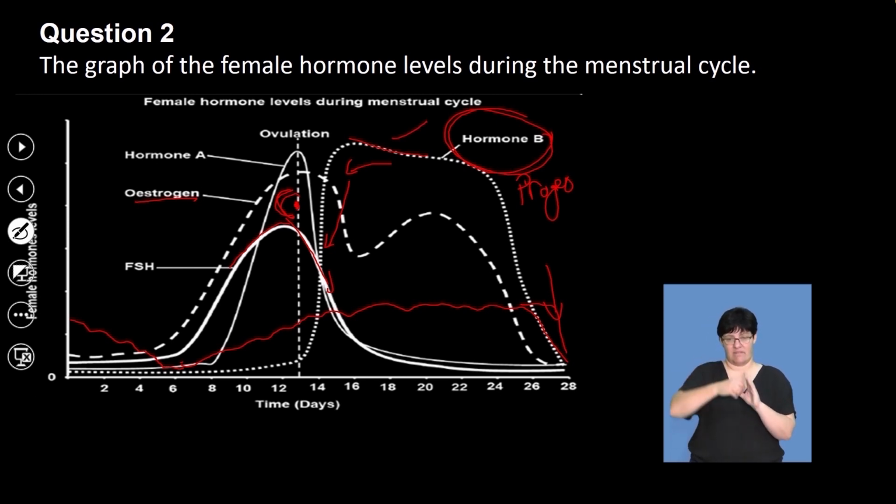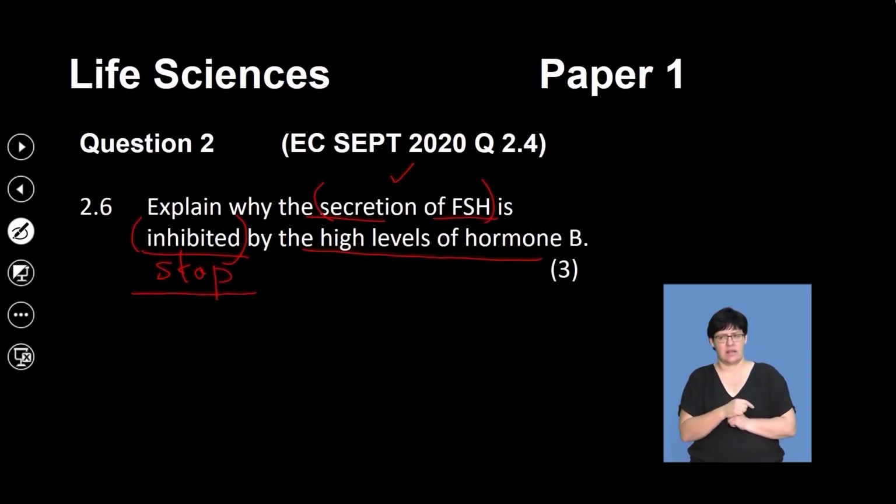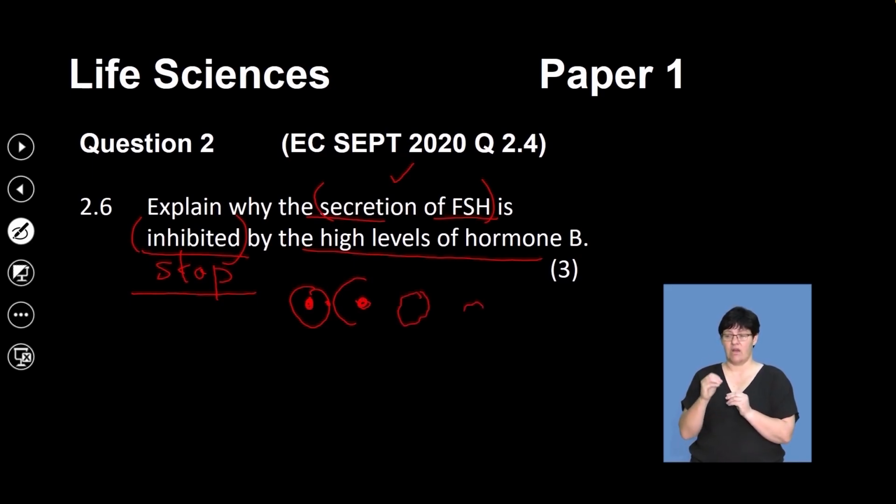So you'll find that in this question, the rationale would be that the secretion of FSH is inhibited because we have the corpus luteum, which takes over the function of that. So we have the rupturing of the Graafian follicle, and then we have a follicle that now degenerates.